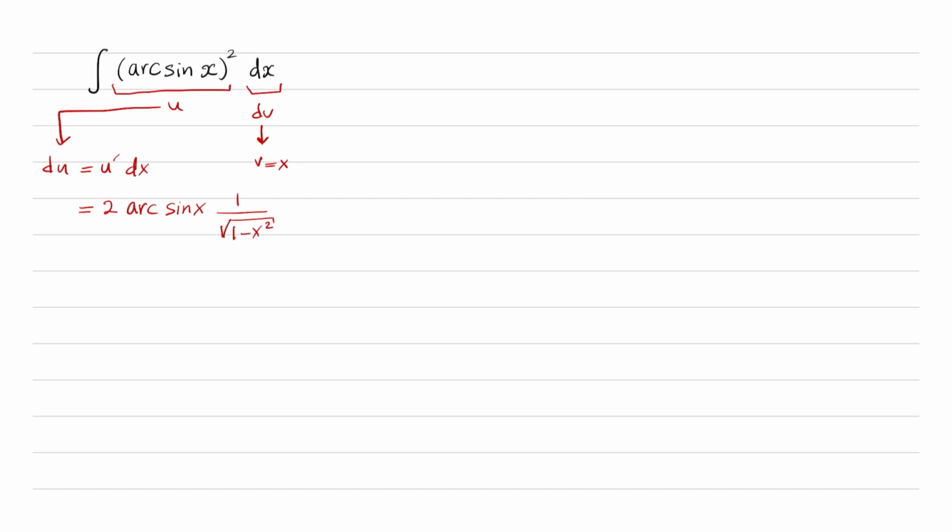So the integration by parts formula gives us, well, the integral of u dv is uv, which is x arcsin of x squared, minus the integral of v times du. So from du, I'm going to put 2 times 1 over square root of 1 minus x squared here, and the rest, which is arcsin of x, next to it.